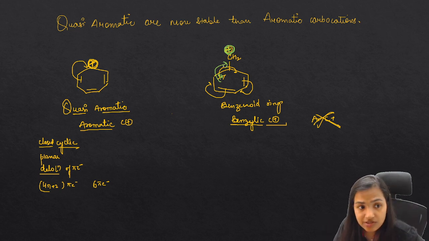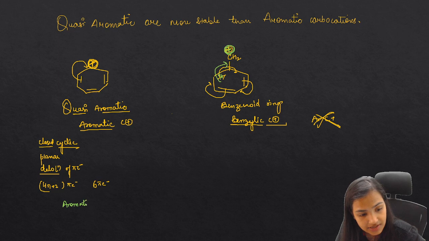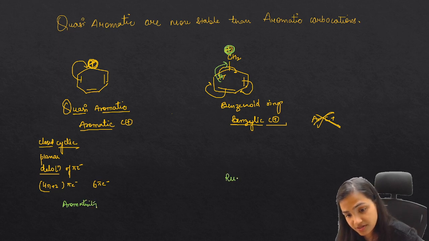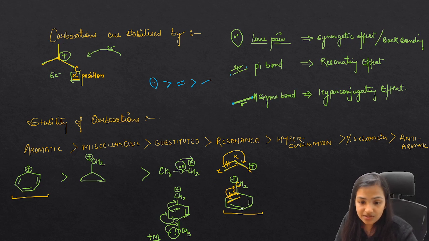Got the point? So here it is getting stabilized because of aromaticity, and here because of resonance. The factors stabilizing both of them are different. So we can say that this is a resonance stabilized carbocation, and this is an aromatic carbocation.